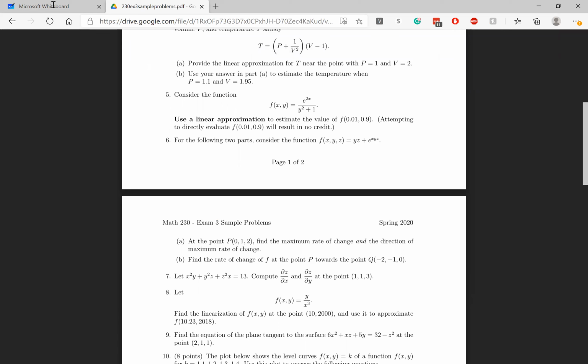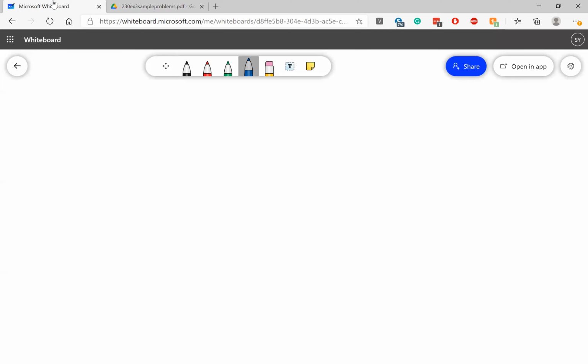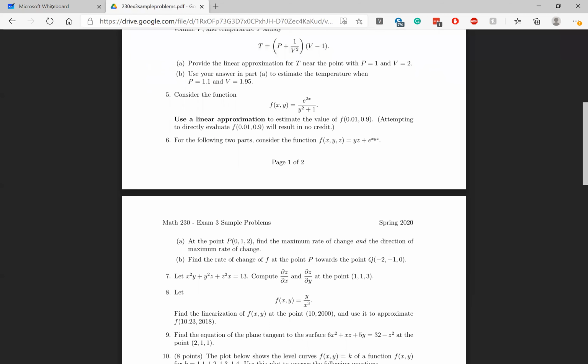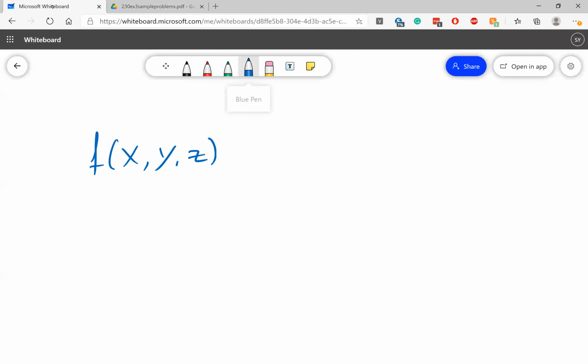Okay, so let's do that. f(x, y, z) is equal to yz plus e^(xyz).